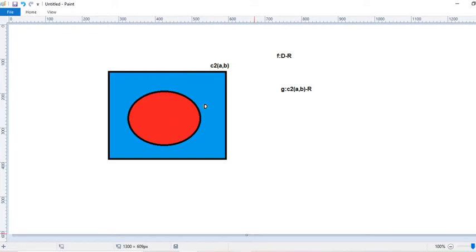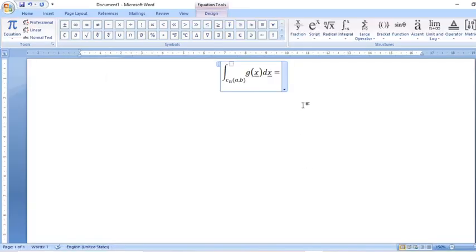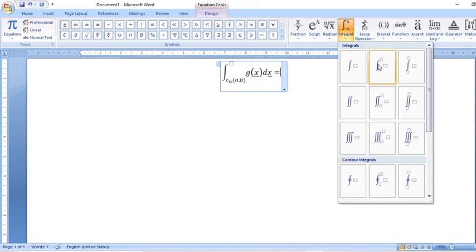So we can separate this into two integrations.